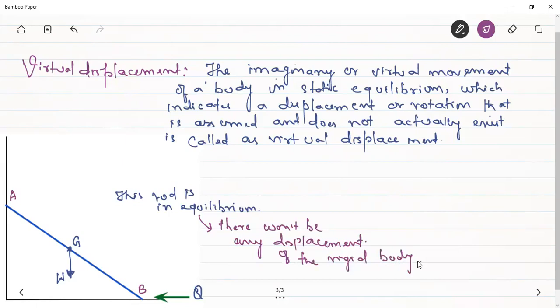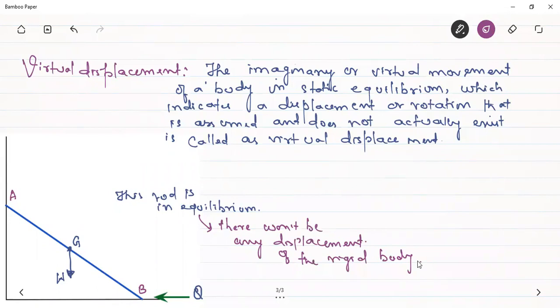Since this rod is in equilibrium, there won't be any displacement in the rod. That is, the end A, which is in contact with the wall, will remain there, and the end B, which is in contact with the ground, will remain in its place.